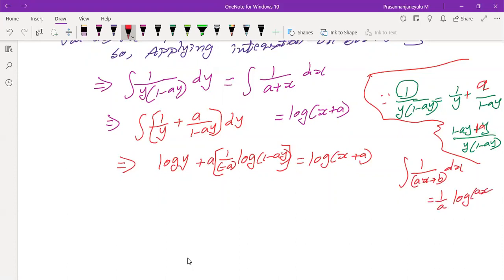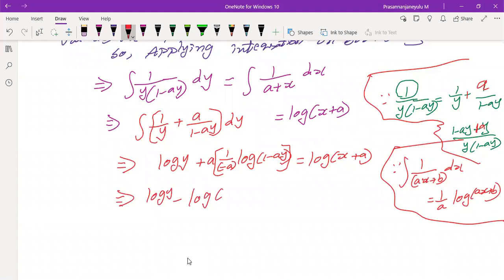All of you, please open the list of formulas which I posted on the LASC website. Those formulas are important for you now. Without those formulas, you cannot do anything. Now how can I write? Log y, minus a gets cancelled, log of 1 minus ay is equal to log of x plus a.